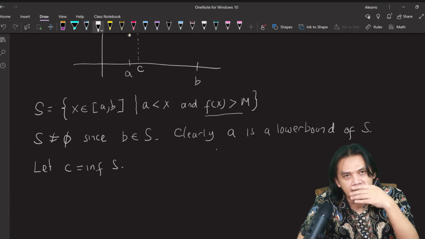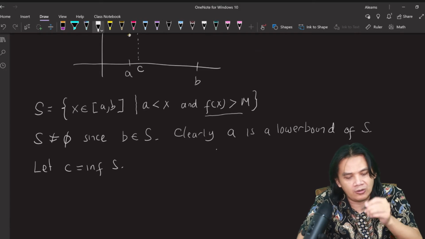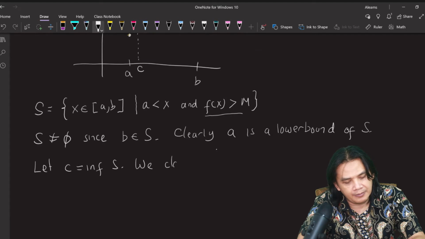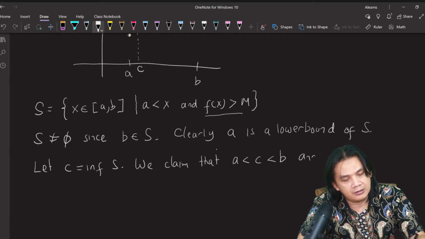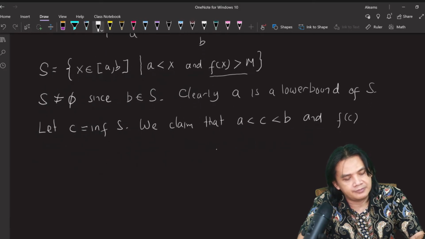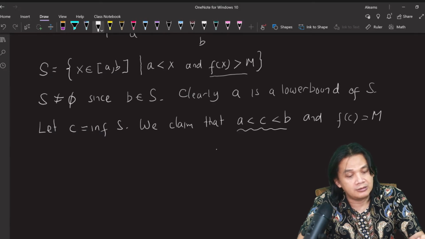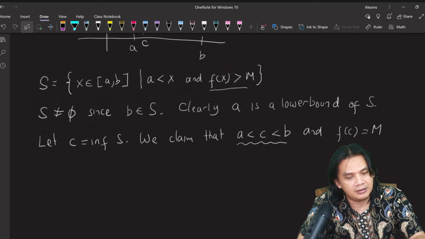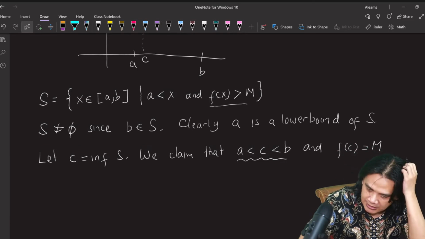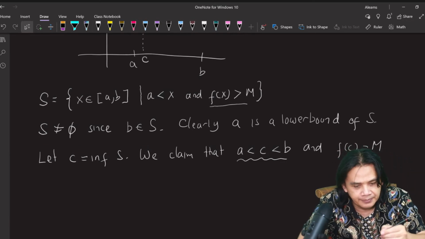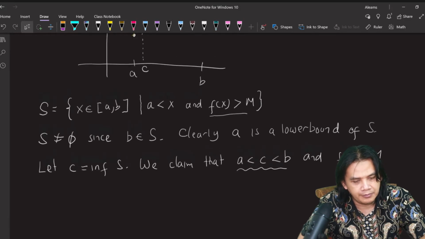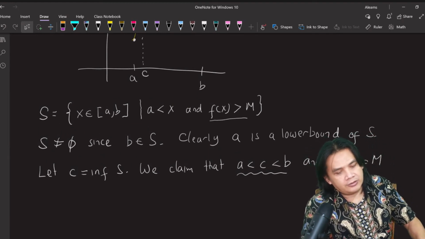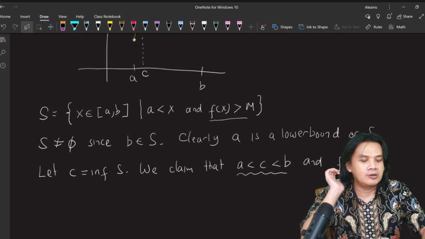And this c will be our candidate for the input where the value is exactly equal to M. So we claim that c is between a and b, and f(c) is equal to M. Can c equal a? We will check later, right?